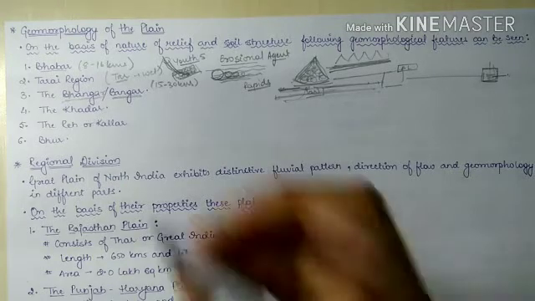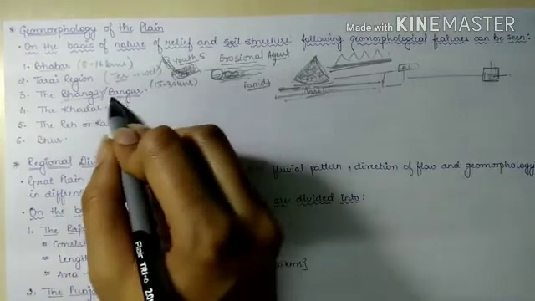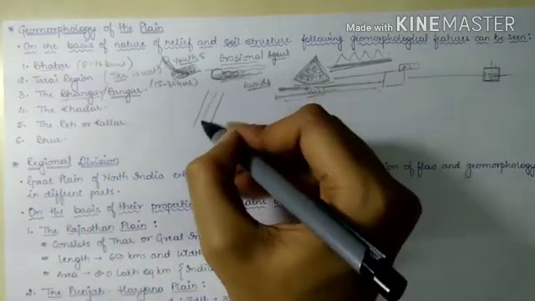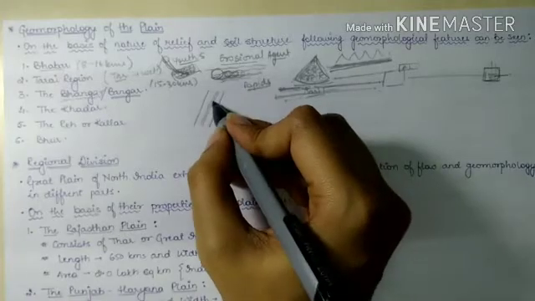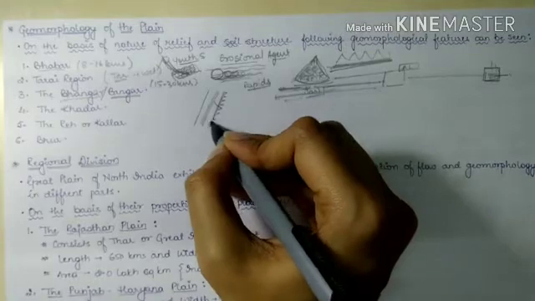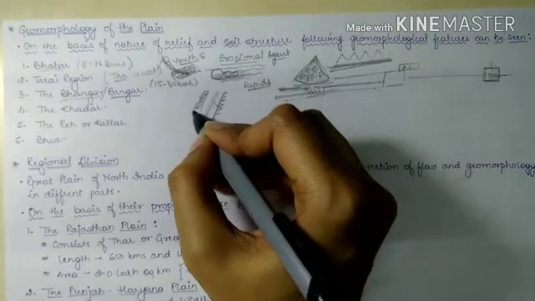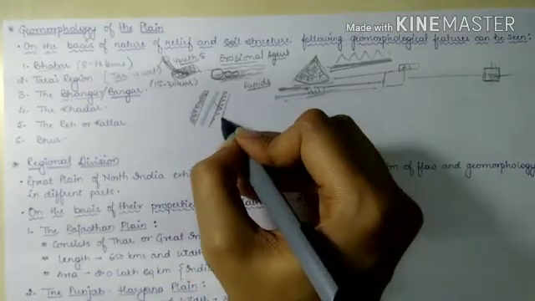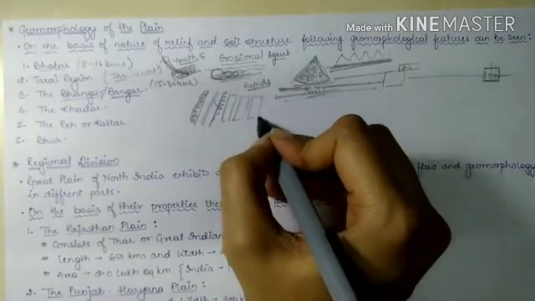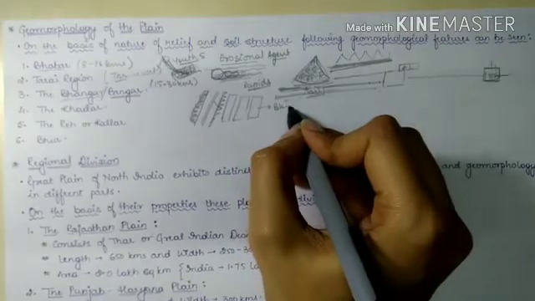So old alluvium is deposited here. This is the river, and it flows. It deposits its new alluvium near the banks, and the old alluvium is shifted away. This old alluvium is what is known as Bhangar.